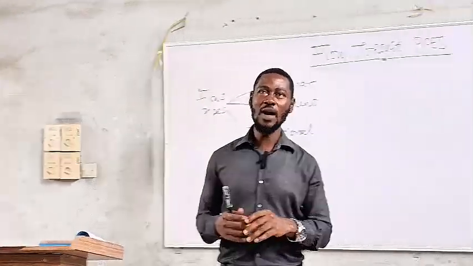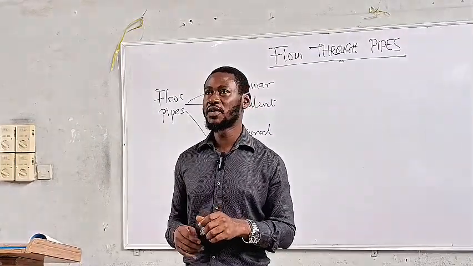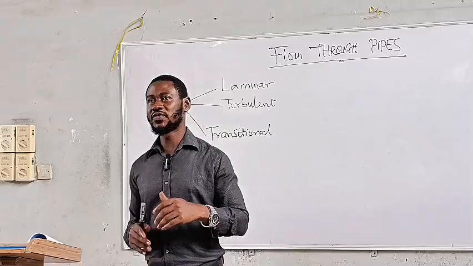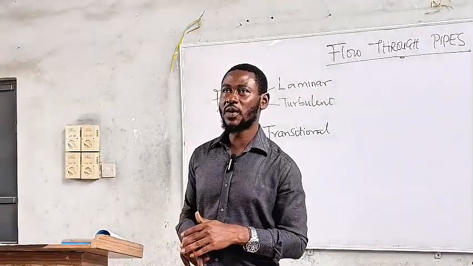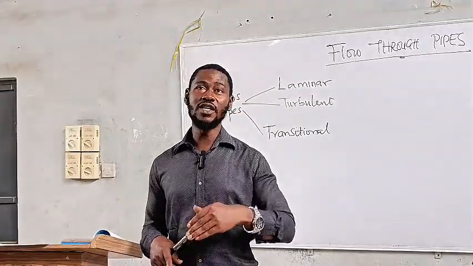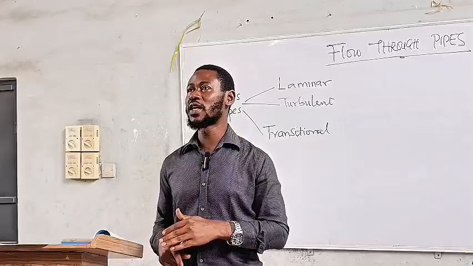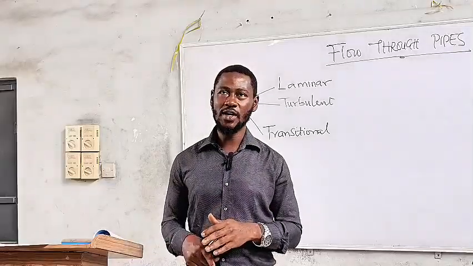Now in this case, what happens to the Reynolds number and the velocity? The velocity at this level is very high, and its Reynolds number increases above 4,000 in value.